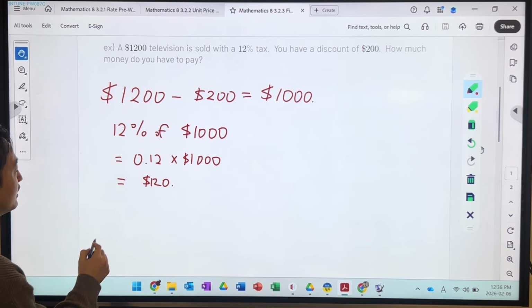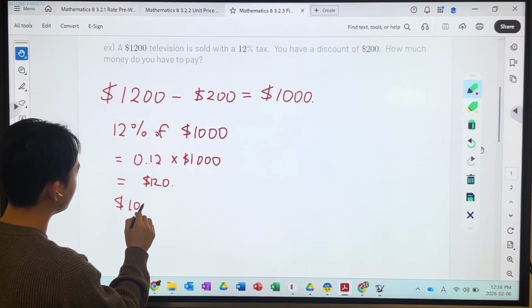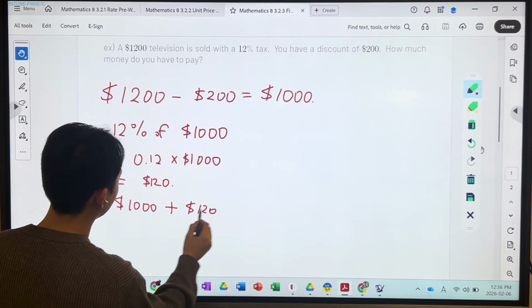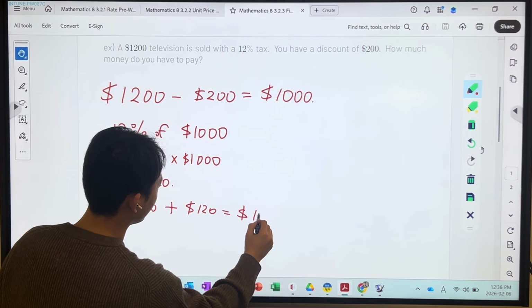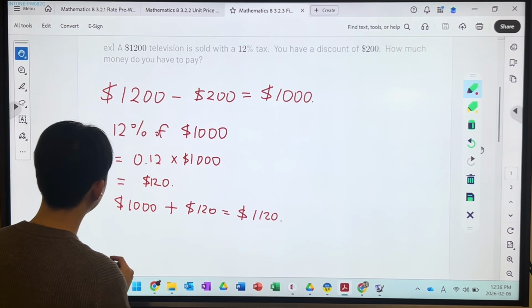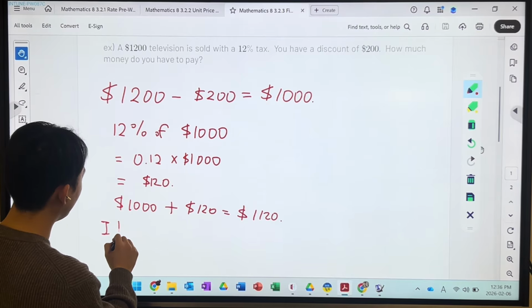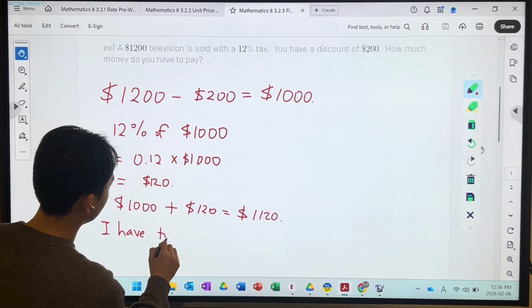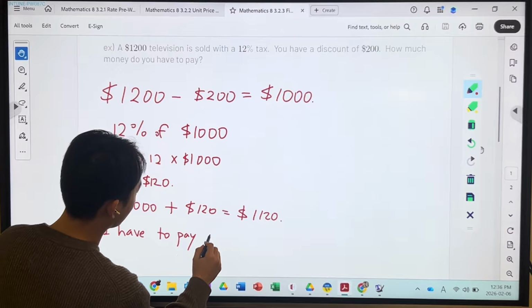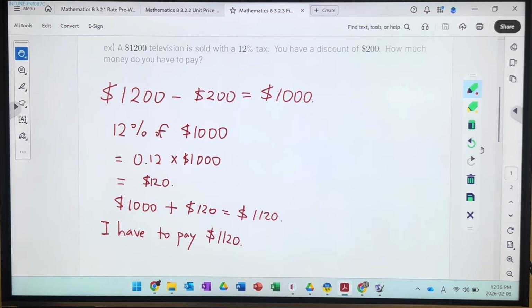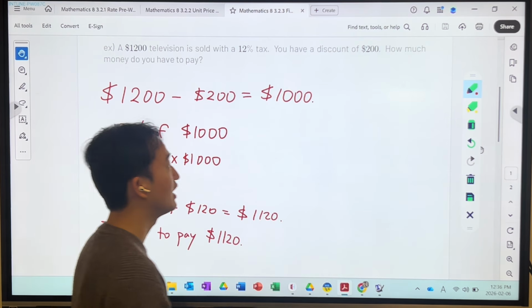Finally, adding the $1,000 price after the discount plus the tax amount is equal to $1,120. So the price I have to pay is $1,120.